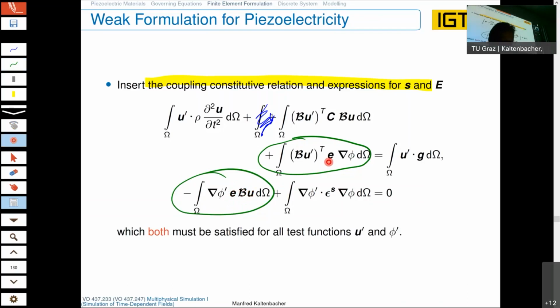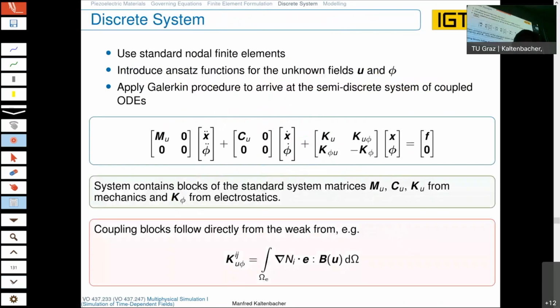Okay, so we see that we get a fully coupled system of equations. We don't have to consider special properties.